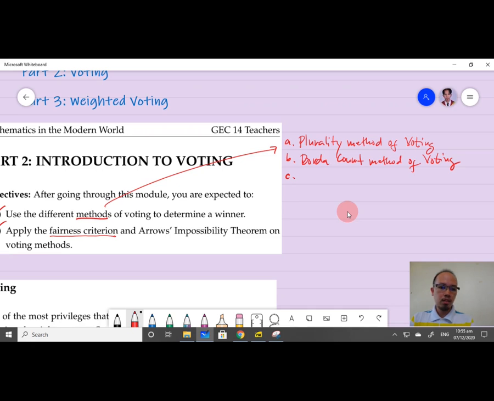Letter C, we will be discussing plurality with elimination.